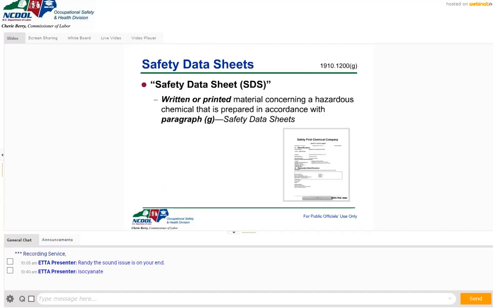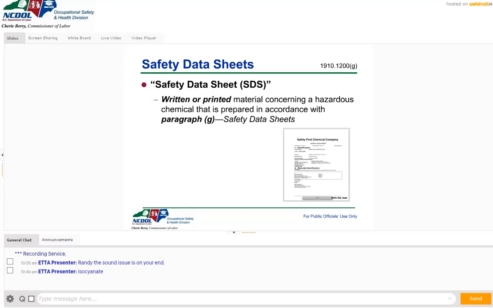Okay, safety data sheets. Now, safety data sheets have been around for a long time, ever since the HAZCOM standard came out. And one thing I'll tell you that OSHA came out with a template for a safety data sheets that had about 8 sections in it. And until the year 2012, they were allowing those safety data sheets, or actually material safety data sheets, to be used.